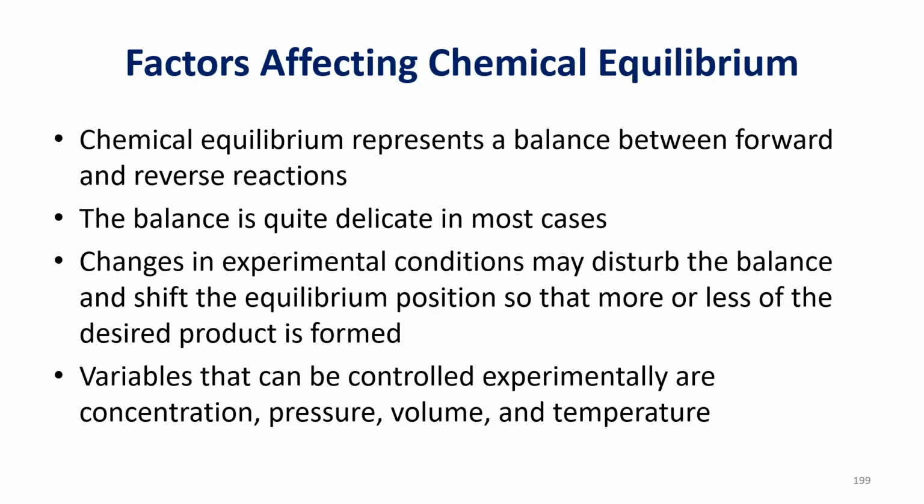So chemical equilibrium represents a balance between the forward and the reverse reactions. So you have the forward reaction and the reverse reaction taking place at the same time and at equal rates. That means the concentrations of all the species in that reaction are constant when equilibrium is attained.